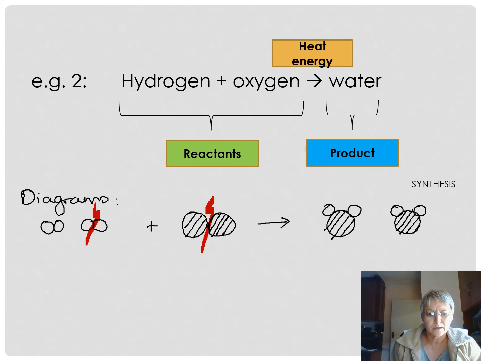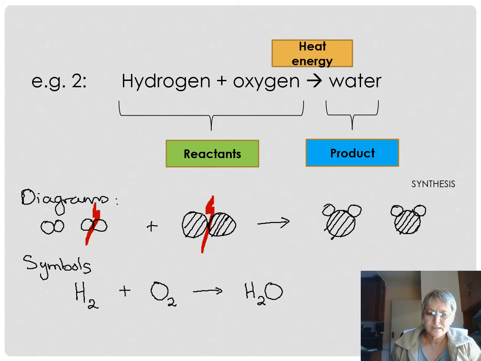This last way of representing chemical change is using symbols. Now the symbol for hydrogen is H2 when it is considered the diatomic molecule. The symbol for oxygen is O2 when it is a diatomic molecule, and the product's symbol is H2O.